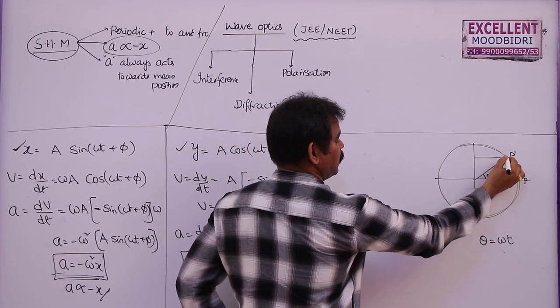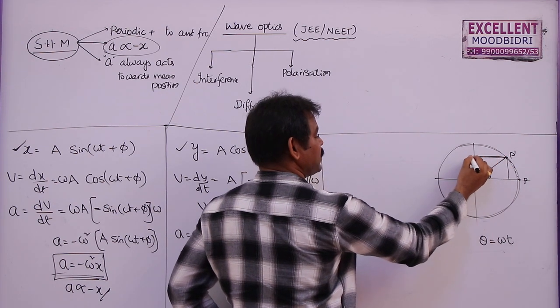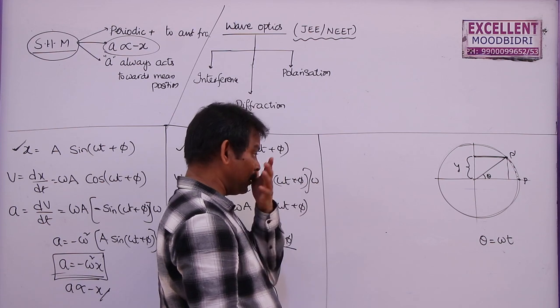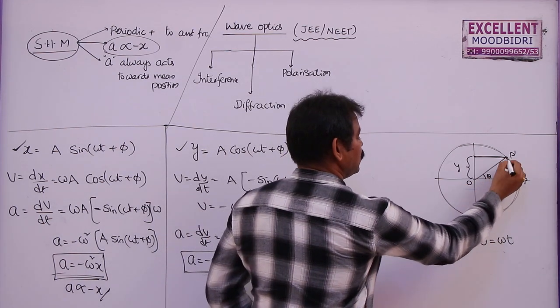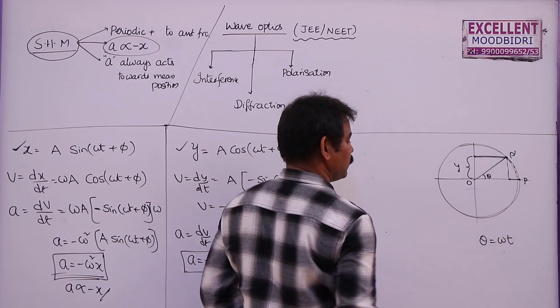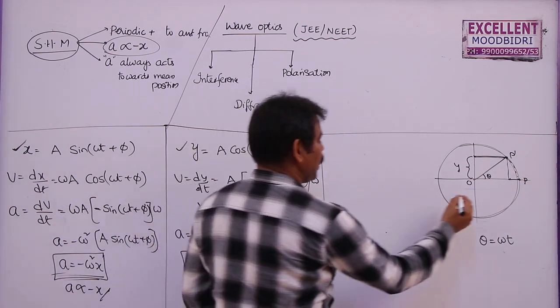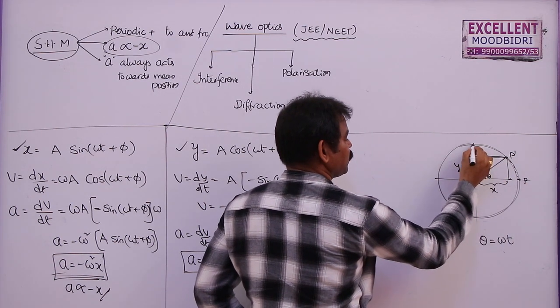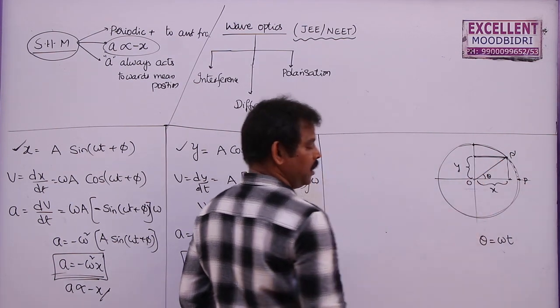This is the particle, and its foot of perpendicular along the y axis is, let us say, y. So the displacement traveled by the foot of perpendicular is y. Similarly, its foot of perpendicular along the x axis is from here to here. So this is x.